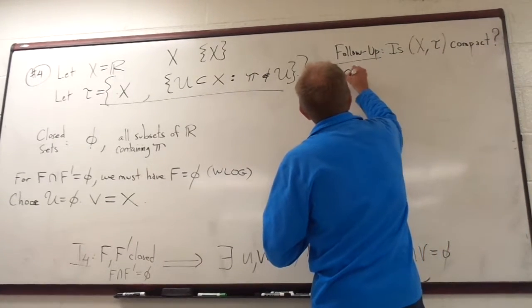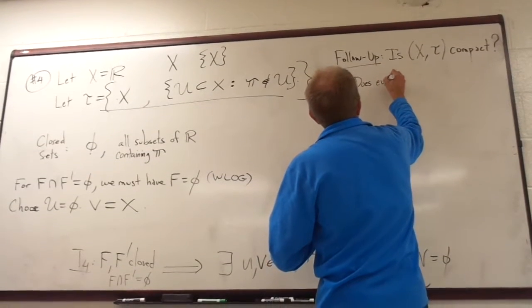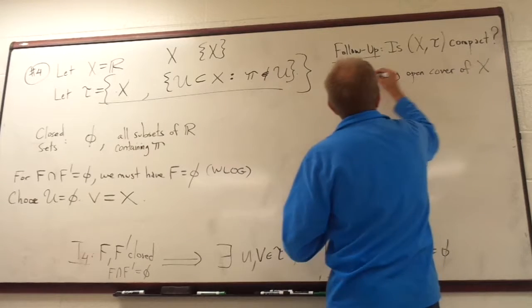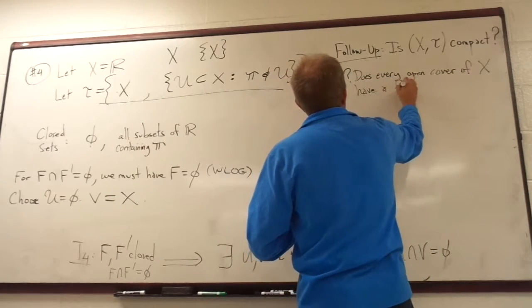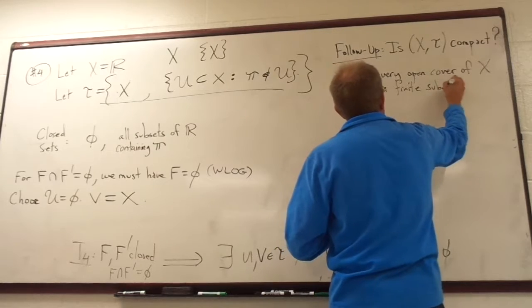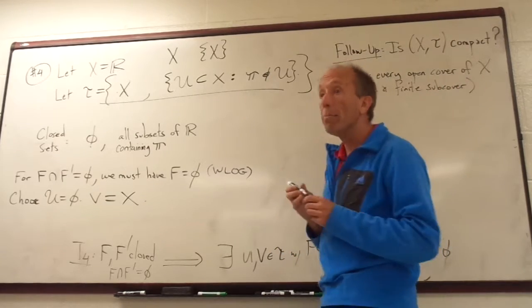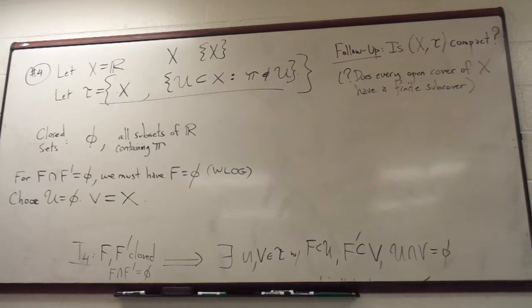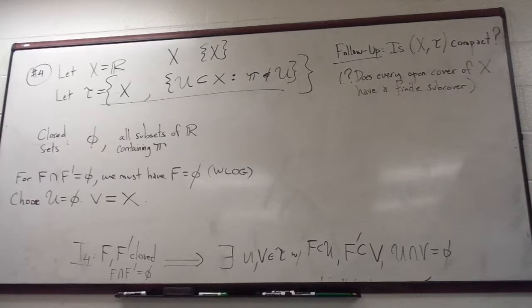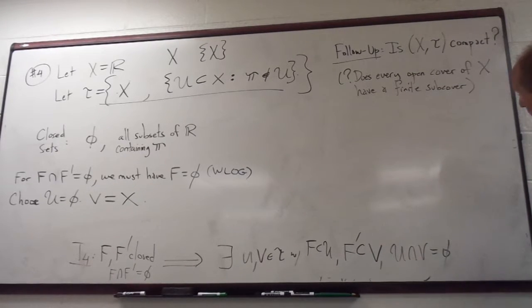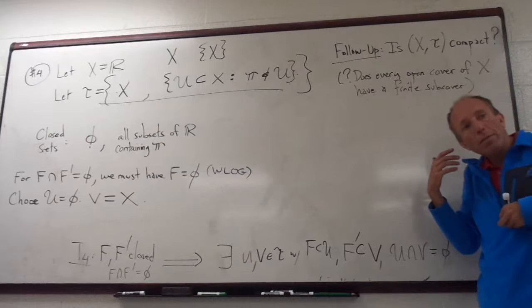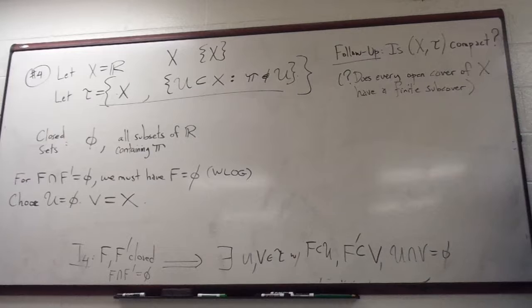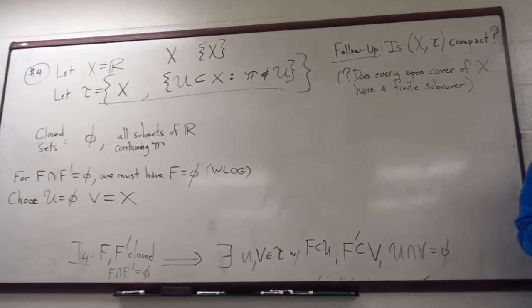So the question is, does every open cover of X have a finite subcover? And by finite subcover, we just mean a finite number of sets covering it. Obviously, the set of real numbers is infinite. That's not the point. The point is, if we take any open cover of X, can we reduce that cover to only finitely many sets that are doing the covering?